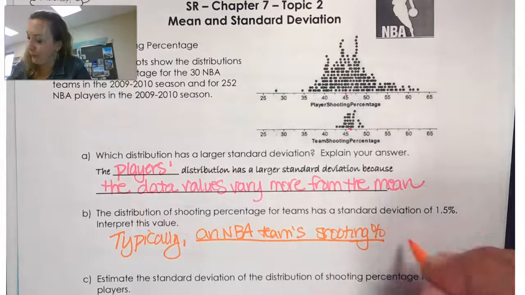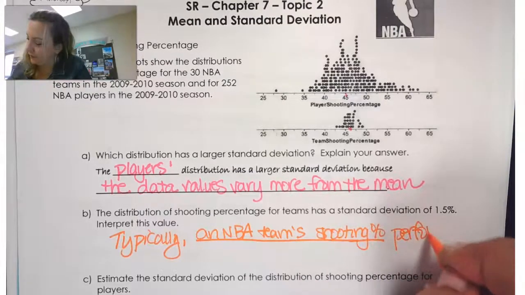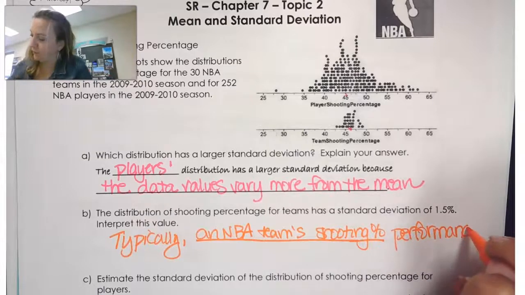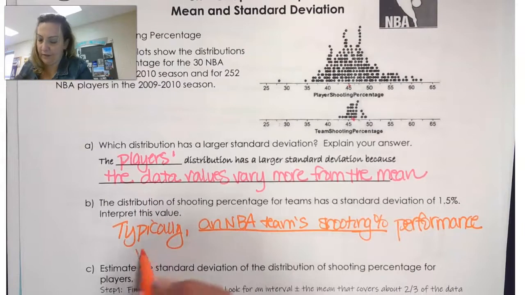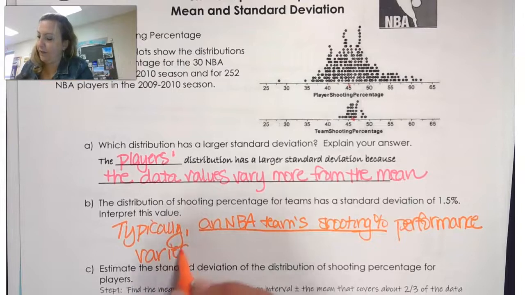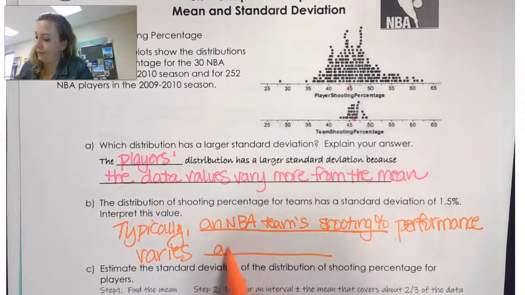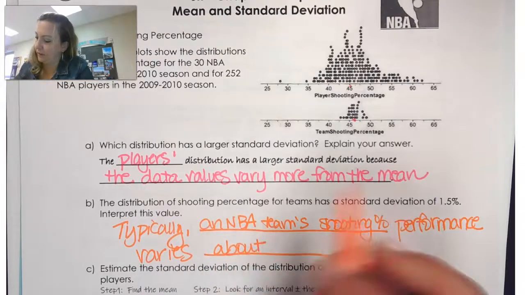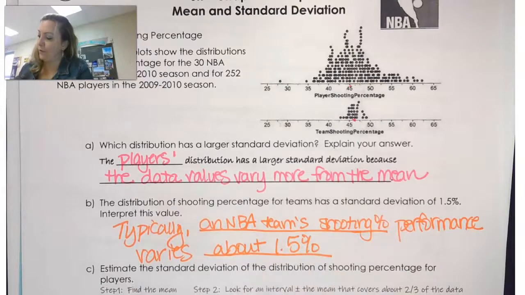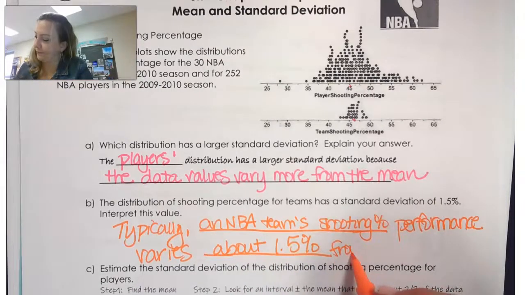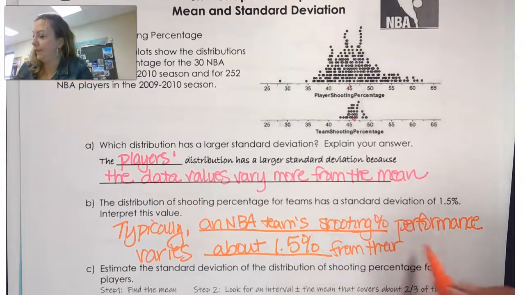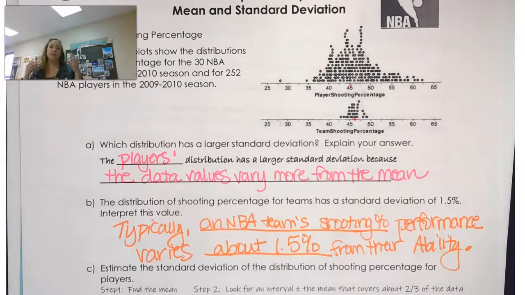So that type of performance varies about 1.5% from their ability. So again, on average, we would expect shooting percentages for teams to vary from their average by about 1.5%.